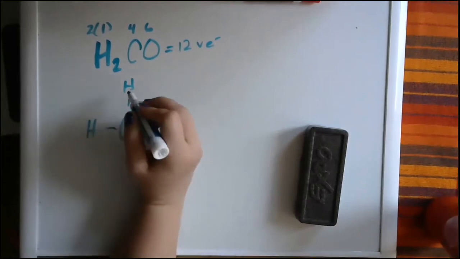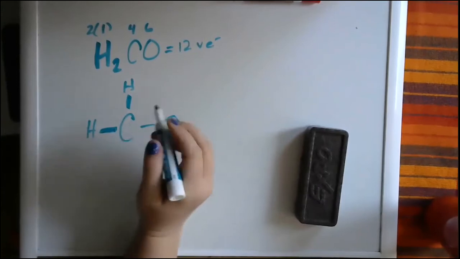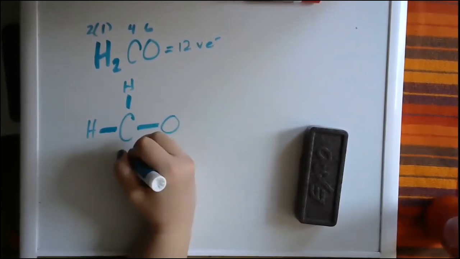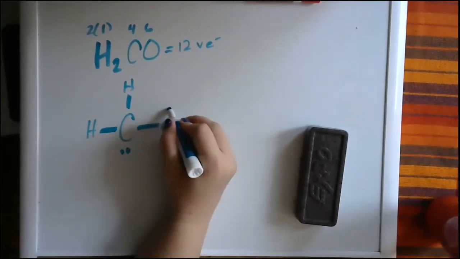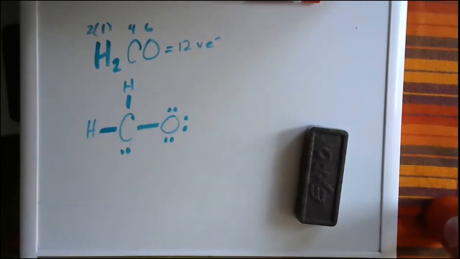So right now my carbon has 2, 4, 6 electrons around it. So I'll add a pair there. Oxygen only has 2. So I'm going to add enough electrons for it to have an octet.